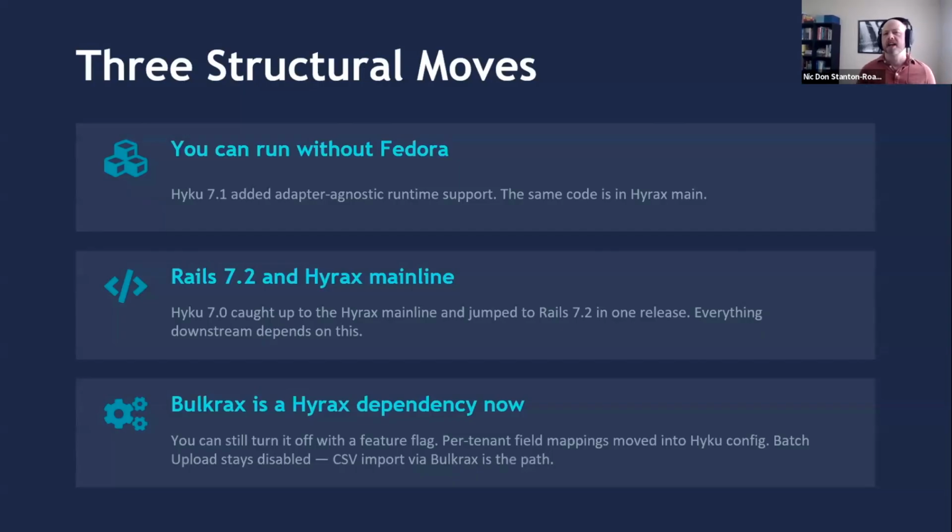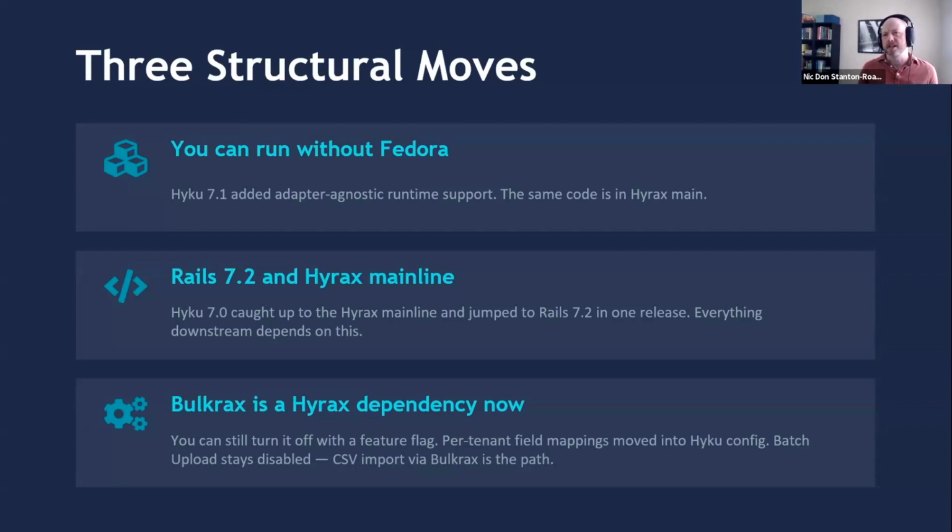The 3 big structural moves into 7.1 and going forward: you can now run without Fedora. The 7.1 adapter is adapter agnostic, and so you can run on Postgres or other systems. We are on Rails 7.2 and a Hyrax mainline, and bulk rack being a Hyrax dependency is very functionally useful in Hyku and for Hyku development.